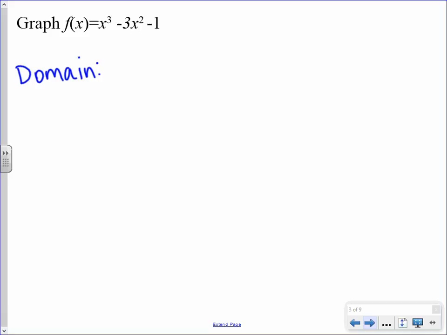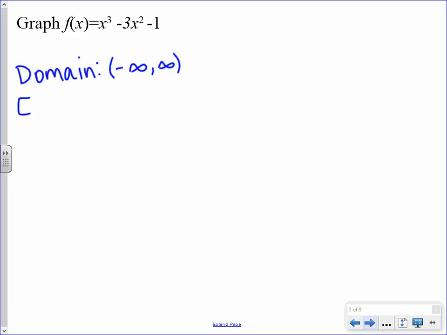What's the domain of any polynomial? Negative infinity, positive infinity. Good. All real numbers, which is negative infinity, positive infinity. You can say it either way. Okay. If the domain was not all real numbers, then we would need to keep in mind which numbers not to plug into our function. Okay.